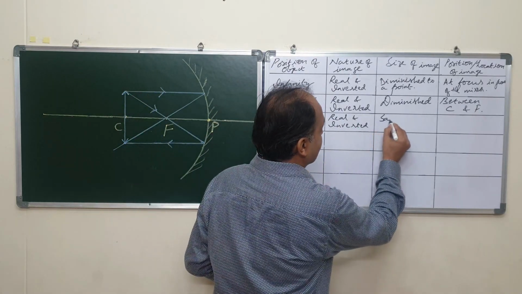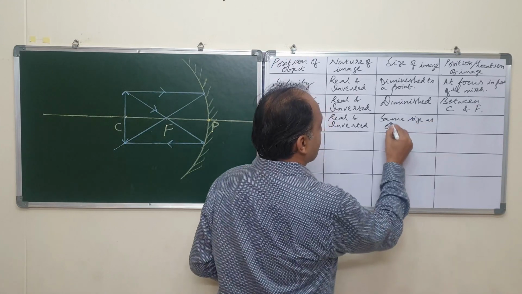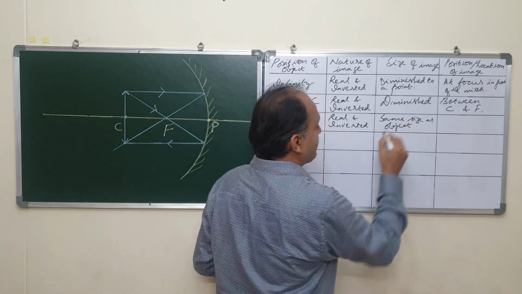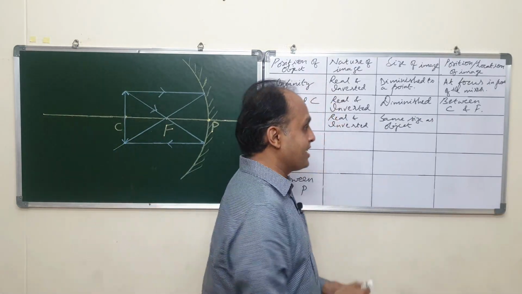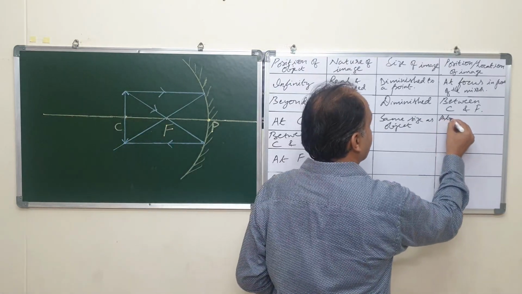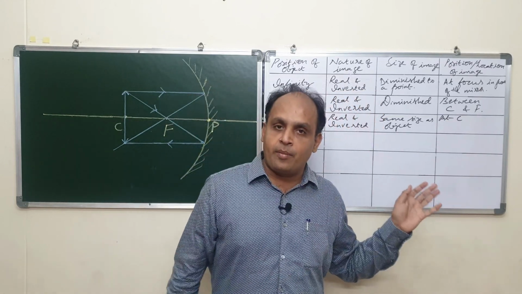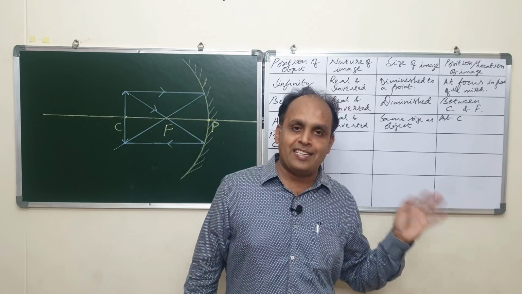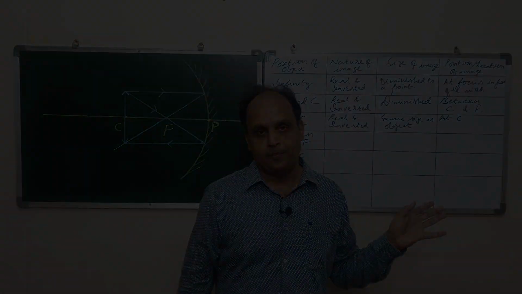So image is same size as object. And where is it formed? It's formed exactly at C. Okay. So these are the characteristics of the image formed when an object is placed at center of curvature in front of a concave mirror.